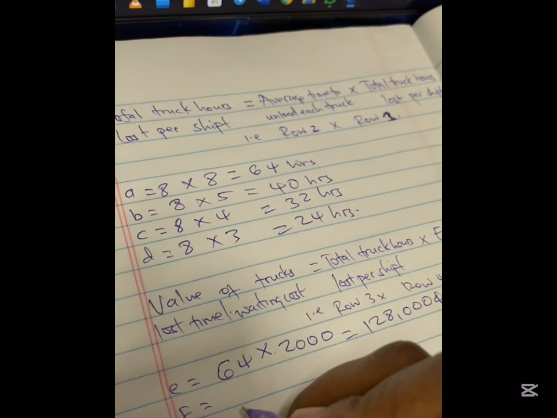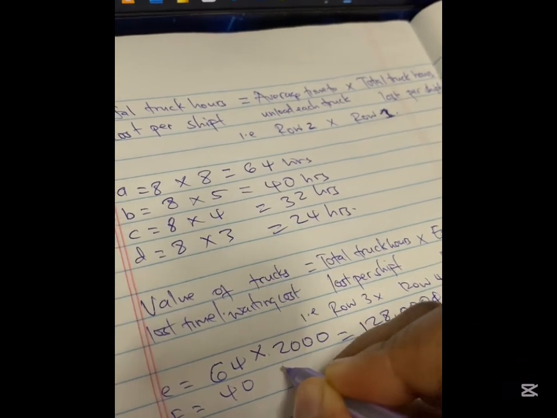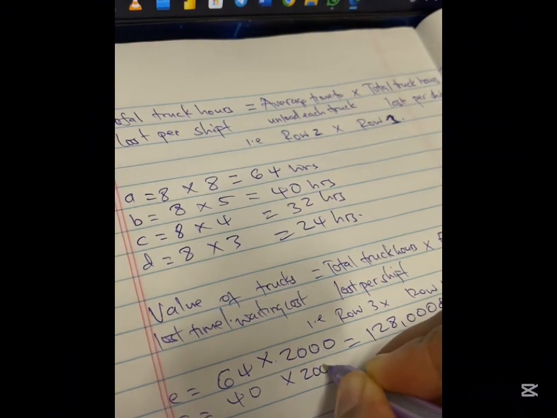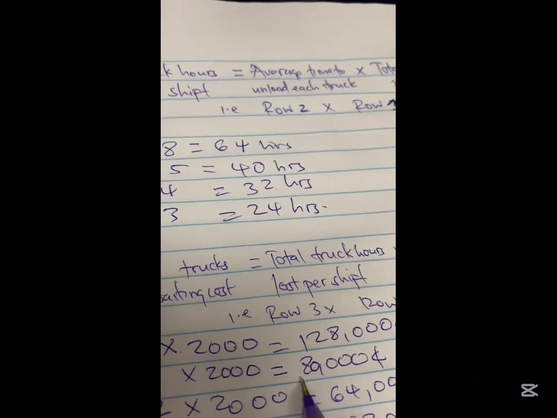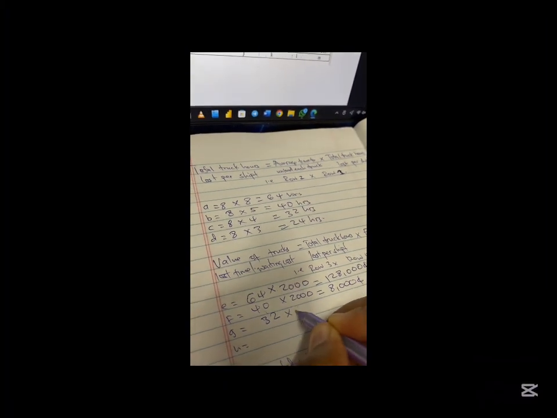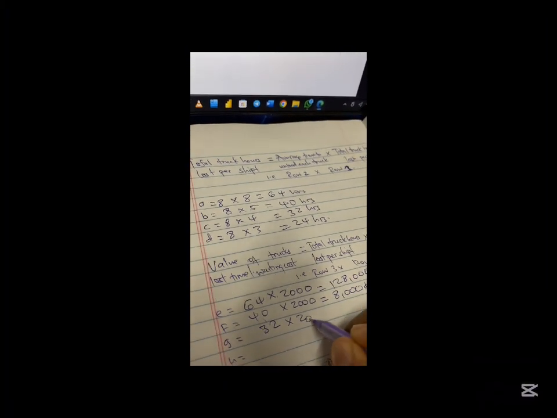So 40 times 2,000 is 80,000. To get the value for G, the same thing: C times 2,000, and C is 32. So 32 times 2,000 gives us 64,000 cedis.